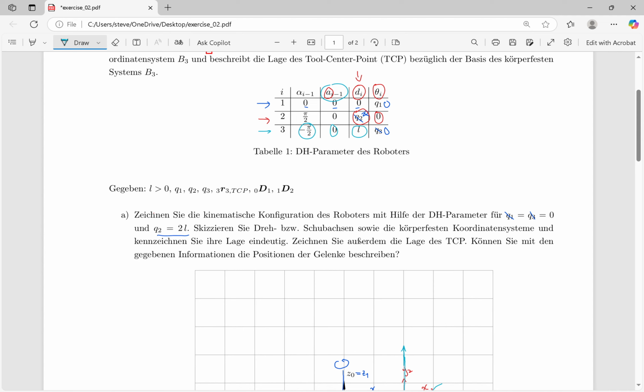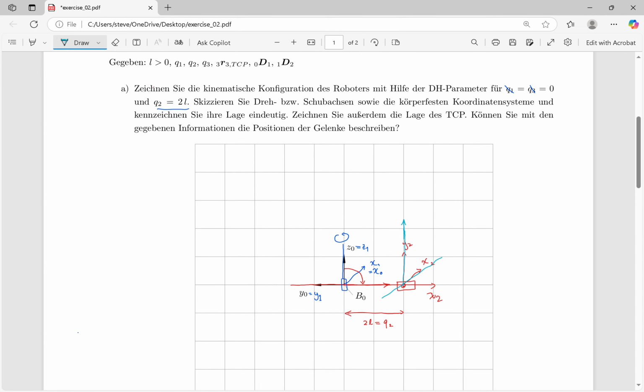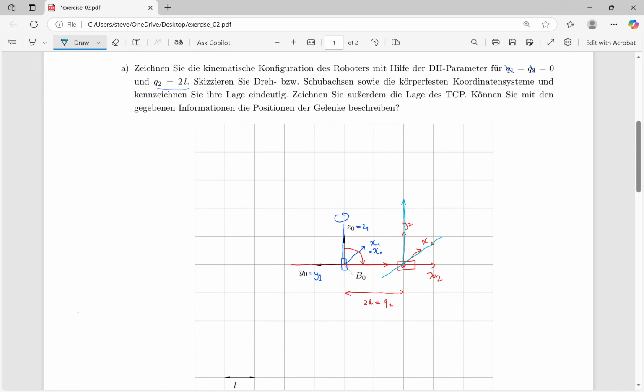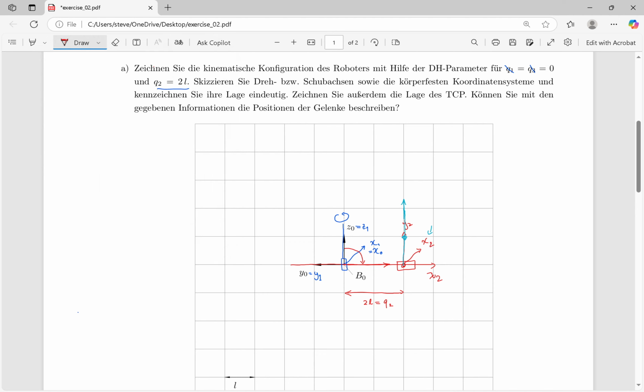And D3 is L, which means that the distance between x2 and x3 is L. Now that puts us right here, right? Because this is the axis x2, which is right here. I accidentally deleted that. The x2 is right here.